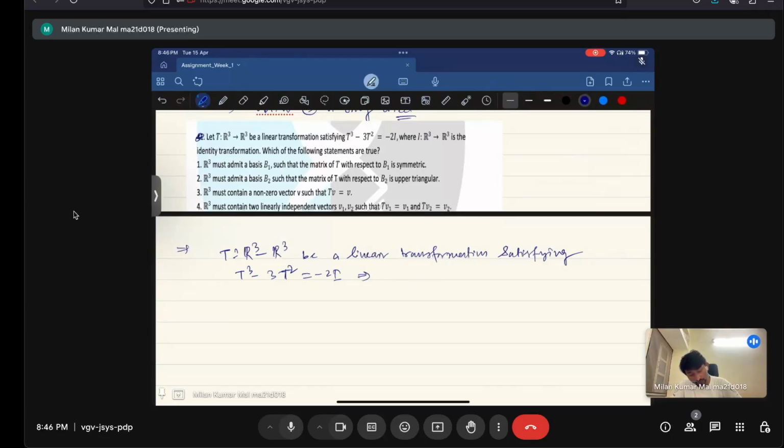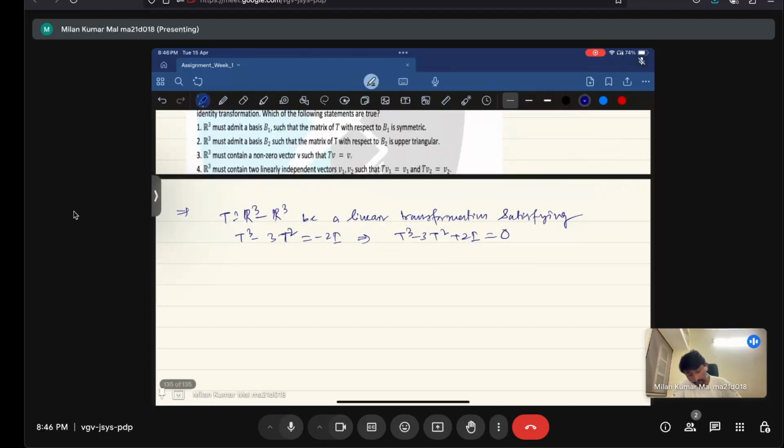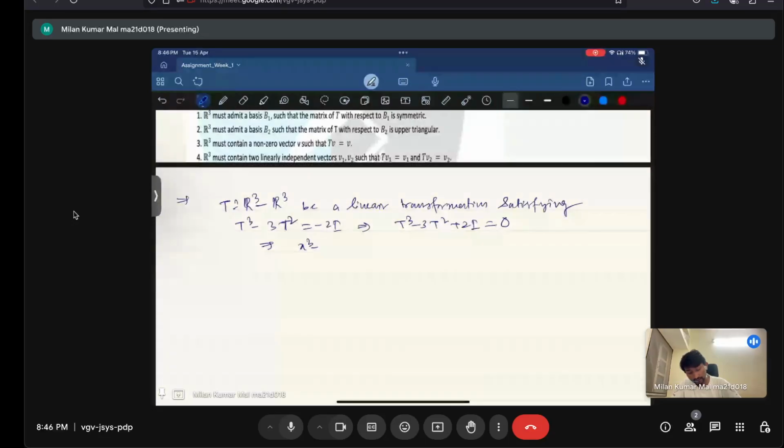That implies T cubed minus 3T squared plus 2 times identity equals 0. That implies x cubed minus 3x squared plus 2 is equal to 0.